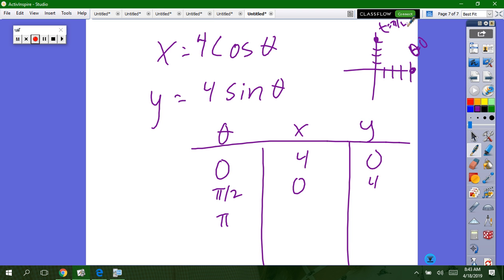Okay, then what's the next one? Pi? Cosine of pi? Negative 1 times 4. And this is 0. Do you guys see what this is? How about 3 pi half? 0 and negative 4.